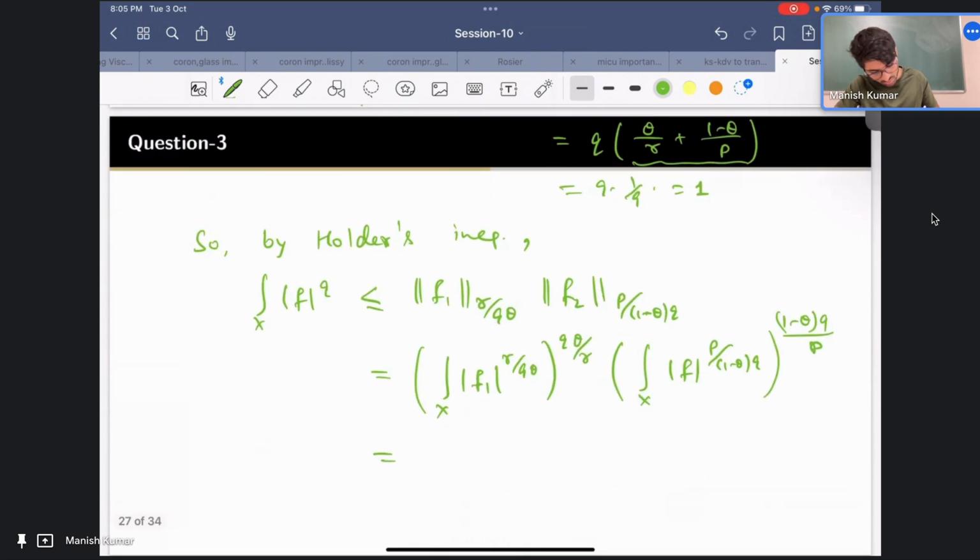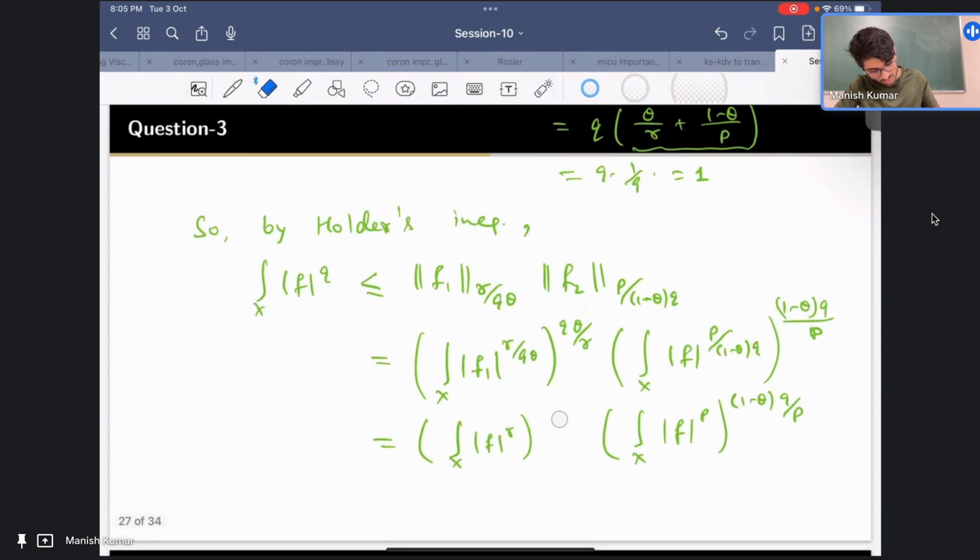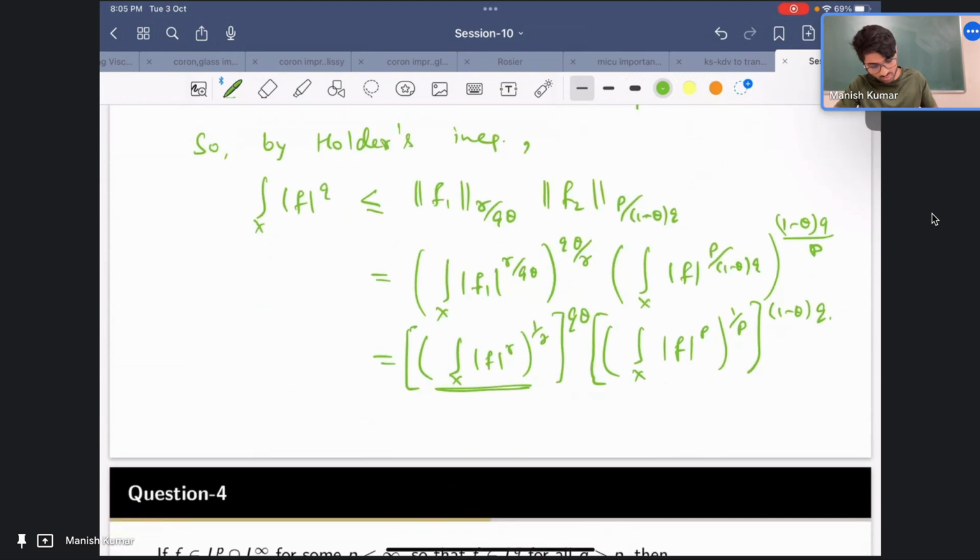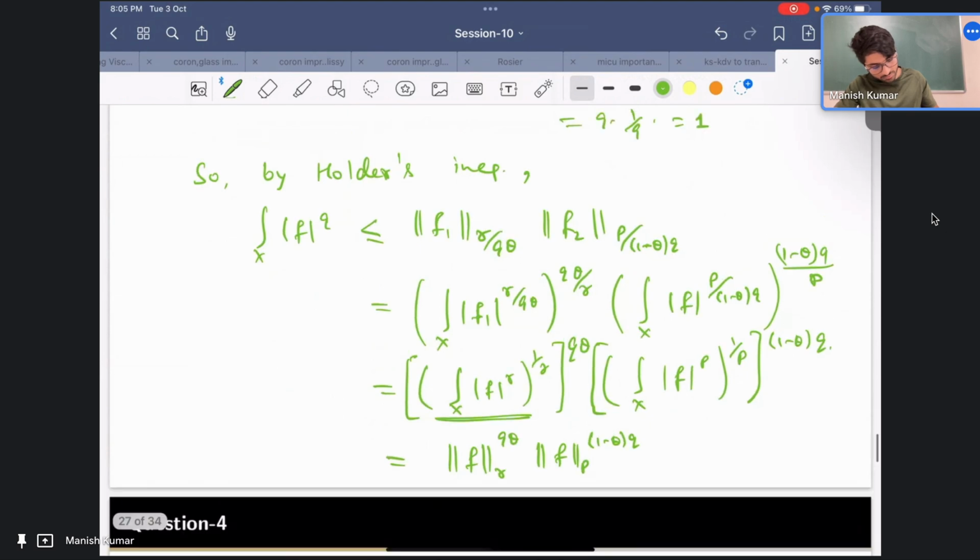So this is the integral of mod f^R raised to Q theta by R, and this is the integral of mod f^P raised to 1 minus theta Q by P. Now I can rewrite this as 1 by R with power Q theta, and this as 1 by P with power 1 minus theta Q. Now you see, this is nothing but the R norm of f, so this is norm f_R to the Q theta, and this is the P norm of f to the 1 minus theta Q, right?